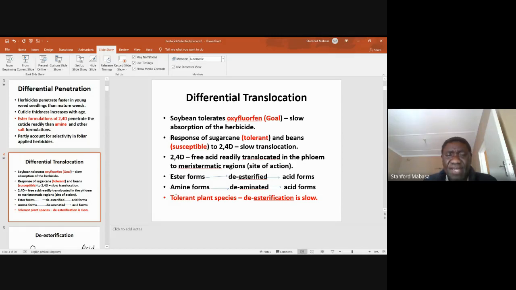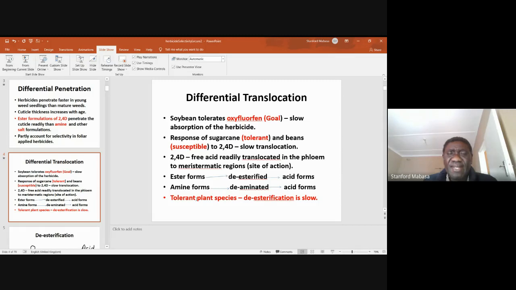If they are applied as amine forms, they need to be deaminated to acid forms, which can readily move. It is the speed at which these forms are converted to acid forms which may determine selectivity.